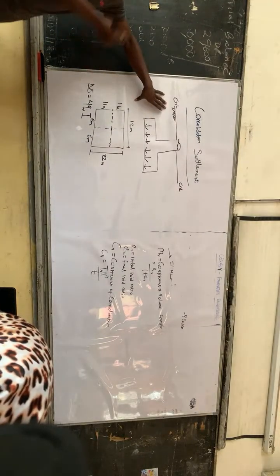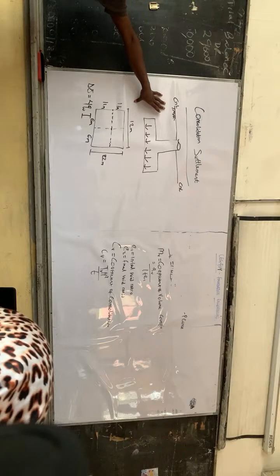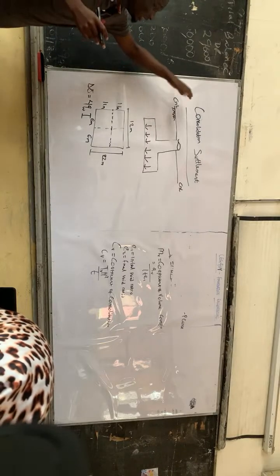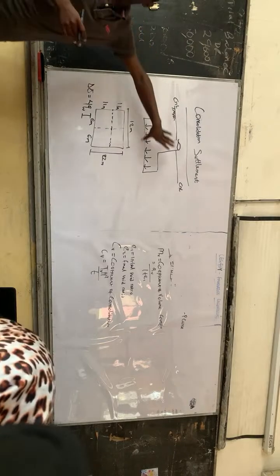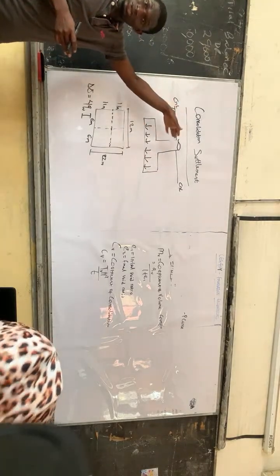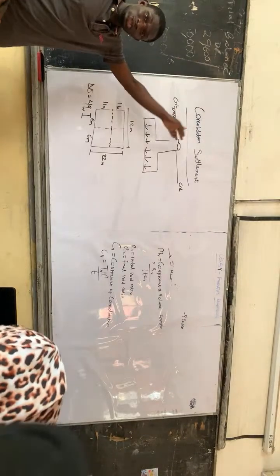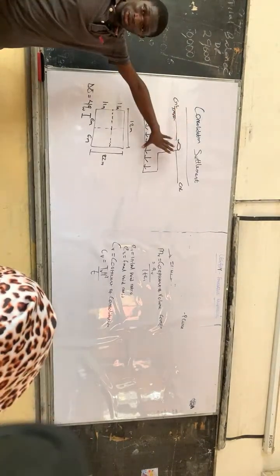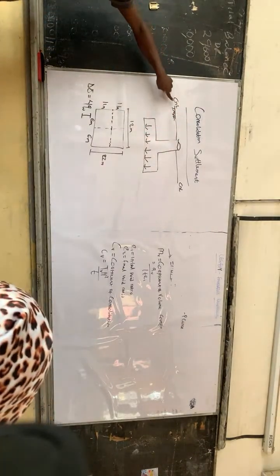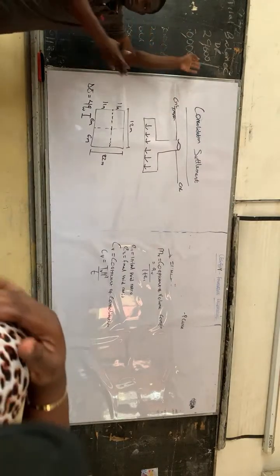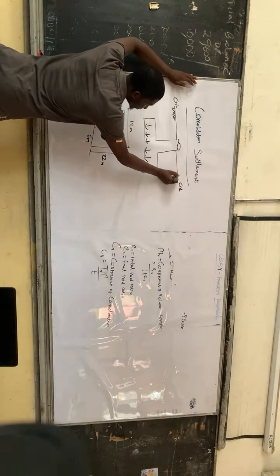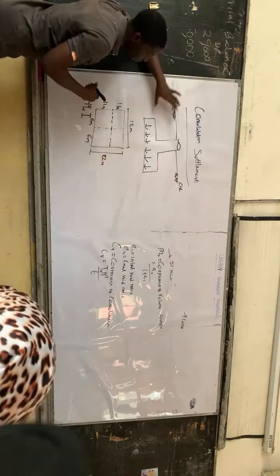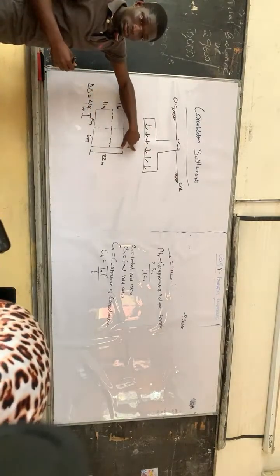In the class he said drawing this is not enough. For now, this is ground level. If you don't put this GL, we will not know what this is, so you've lost some marks. He said it in class.